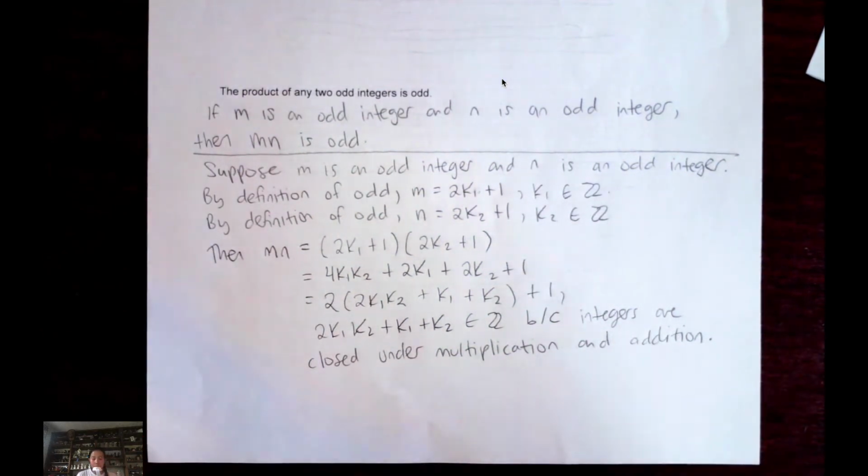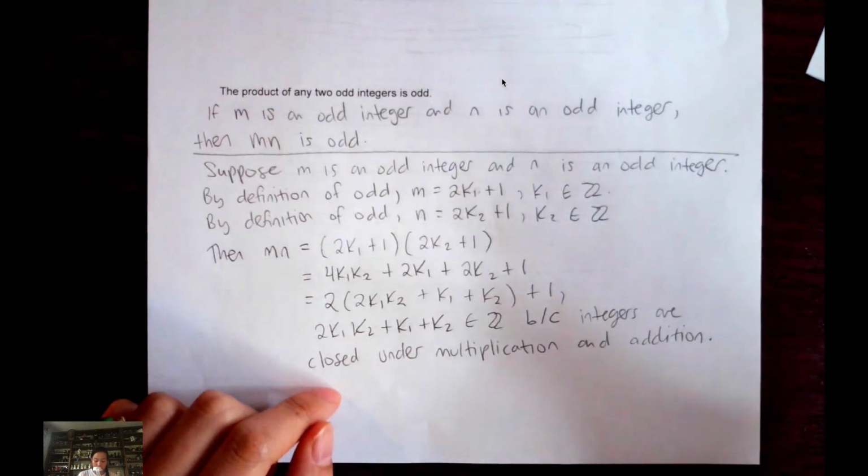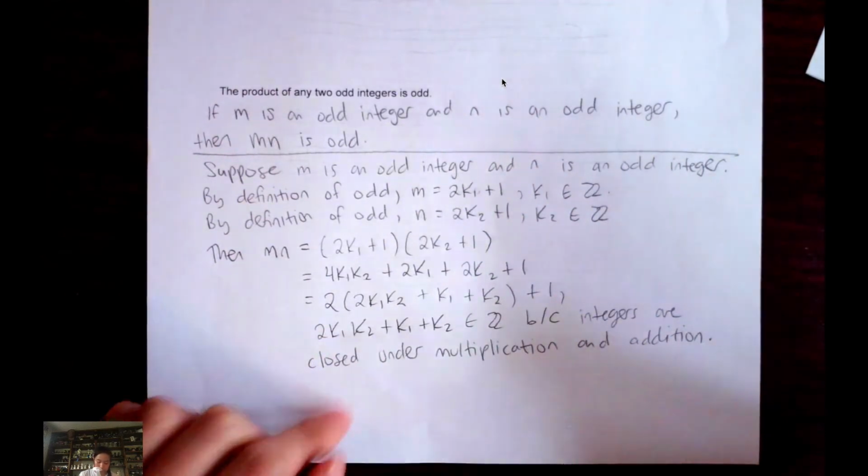That means if you add integers together, the sum is an integer. If you multiply integers together, the product is an integer.